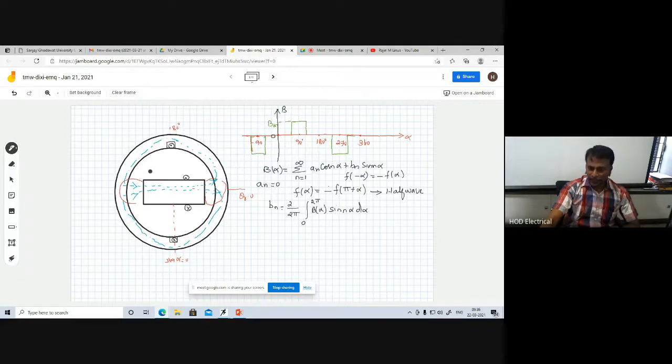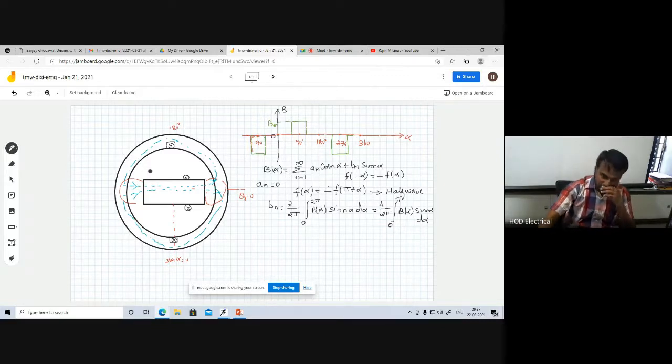Then if the waveform has half wave symmetry, we write 4 by 2 pi, multiplying by 2 once again, with integration from 0 to pi of b of alpha sine n alpha into d alpha.